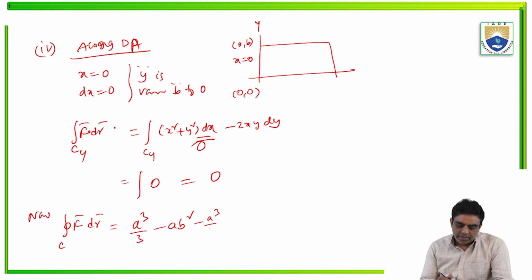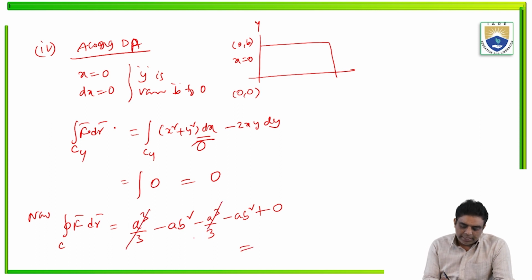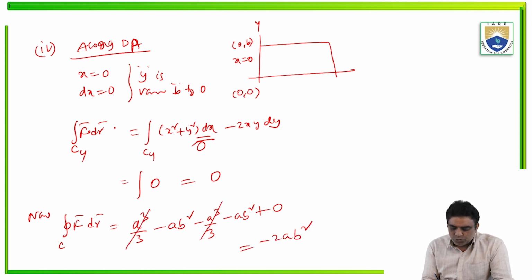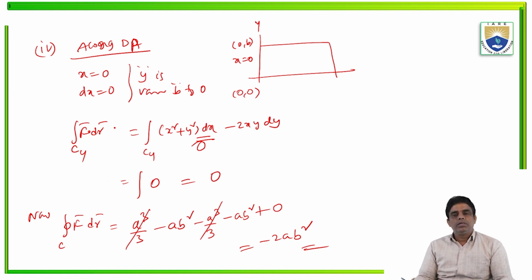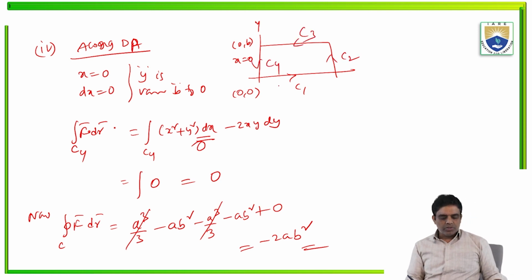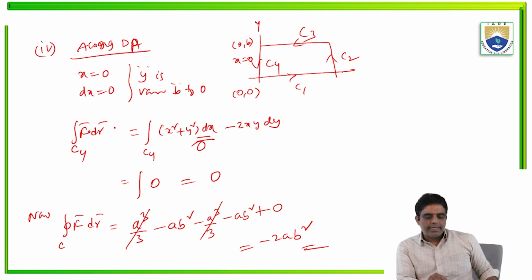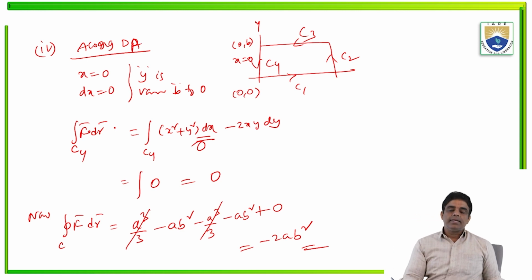Minus ab square minus a cube by 3 and plus 0. So on adding, these two get cancelled. The value is minus 2ab square, which is the required line integral along the rectangle, along C1, C2, C3, C4. So I have calculated all the values along C1, C2, C3, C4, and on adding all these, you will get the line integral along the curve C of F bar dot dr bar.